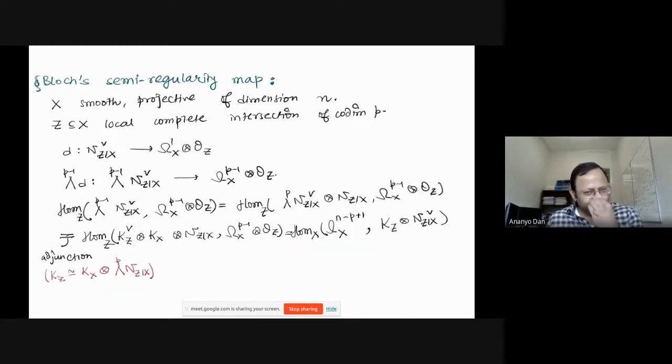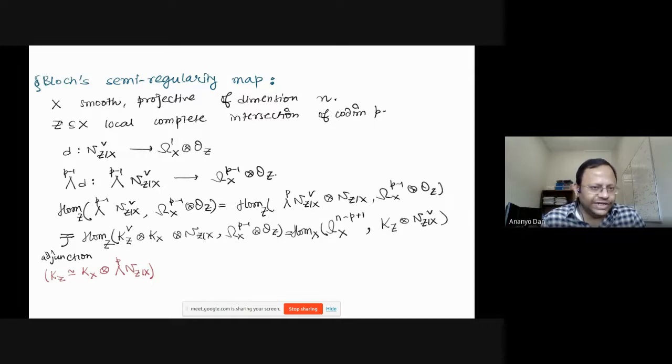So what I have, the Bloch semi-regularity map, is a bit of a technical object. What you need to see here is that the way it comes up is not too difficult. So if you start with a smooth projective variety X of dimension n, and you look at a complete intersection subvariety Z of codimension p in here, now you have a natural map from the ideal sheaf.